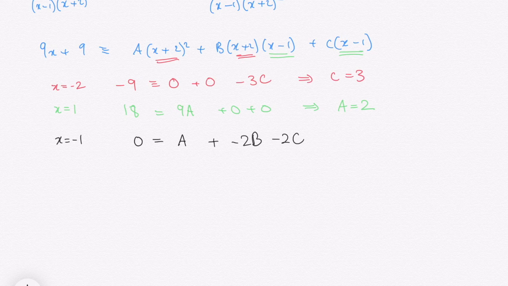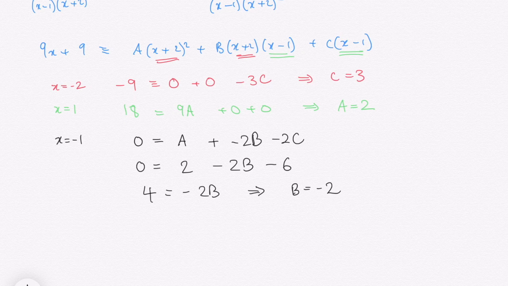But we know the values of a and c, so this gives us 0 equals 2 minus 2b minus 6. So this gives us 4 equals minus 2b. So b equals minus 2. So we've now found our values of a, b and c.